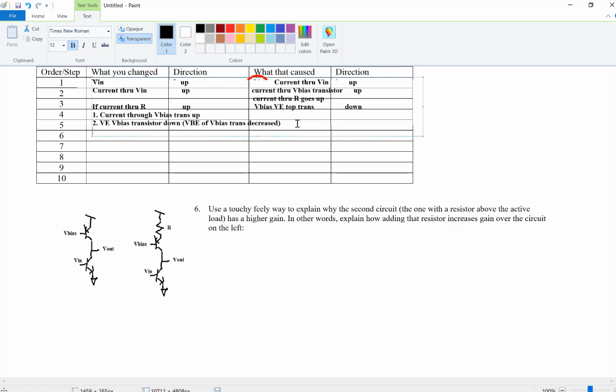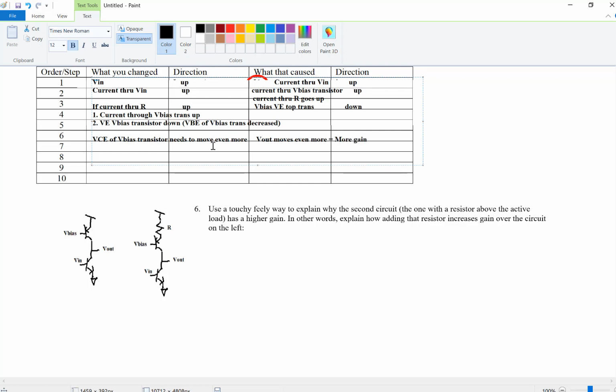So what happens is VCE of the Vbias transistor needs to move even more, which means when the VCE changes here, when that has to move even more, that means that Vout moves even more, and that equals more gain.